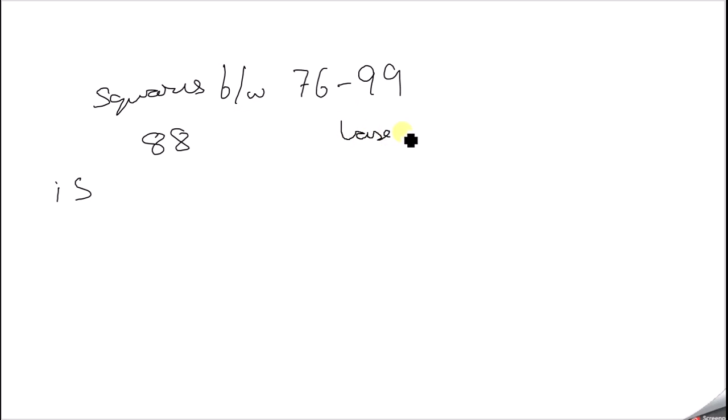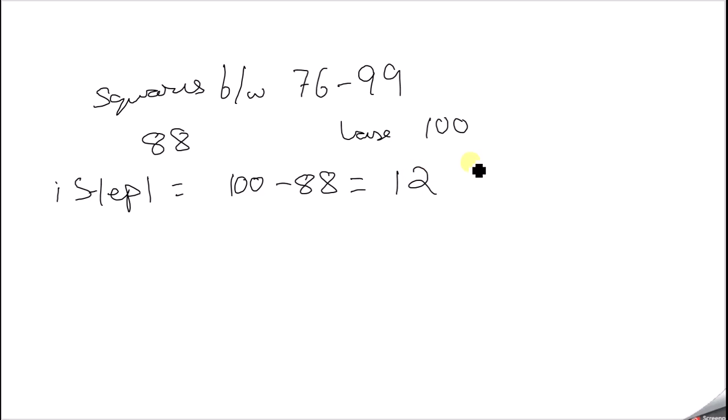Here we will consider the base as 100. Step 1: 100 minus 88 is 12. Earlier we did number minus base; here we do base minus number, which wouldn't make any difference, but just for the sake of understanding.